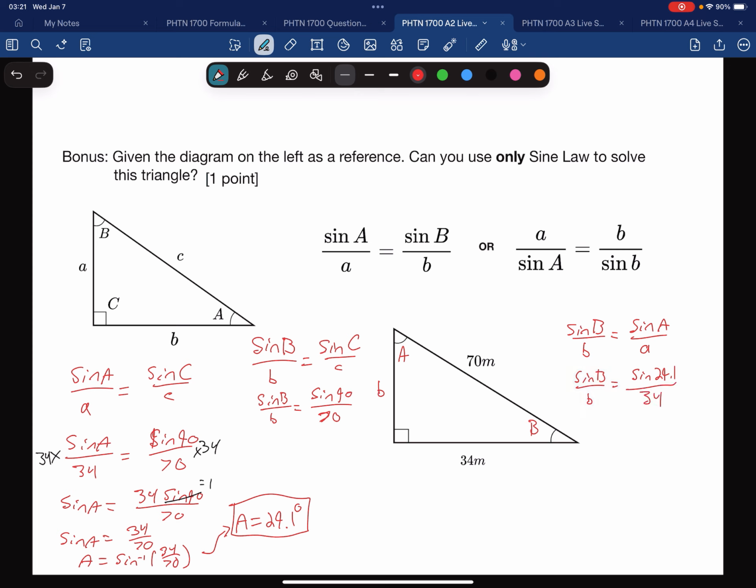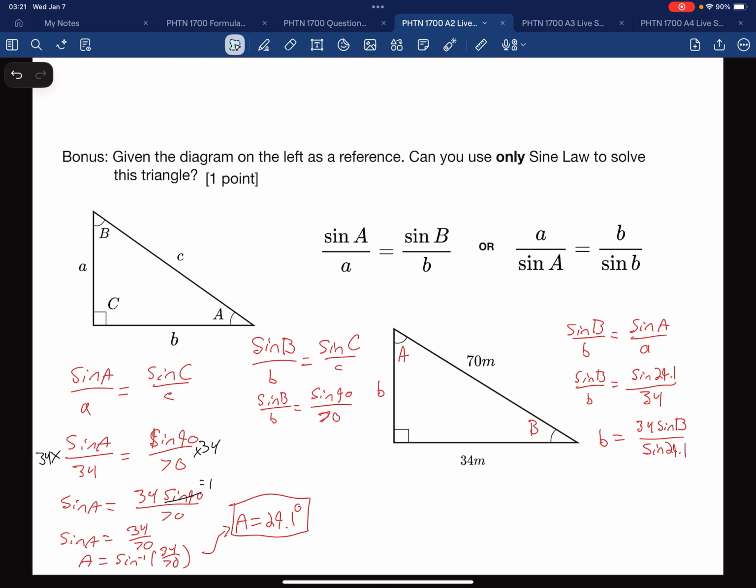And if we solve this for B, we will get B equals 34 sine B over sine 29.1.